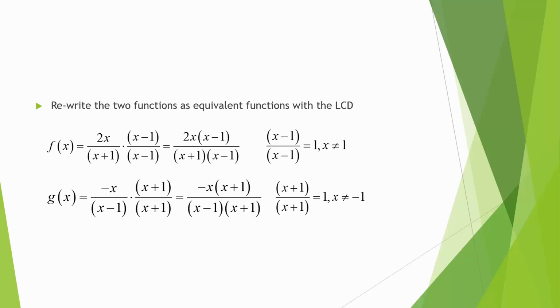Again, since x plus 1 divided by x plus 1 equals 1 for x not equal to negative 1, we can multiply g of x by x plus 1 divided by x plus 1 without changing the value of g of x. Thus, we have rewritten f of x and g of x with the denominator being the least common denominator, or LCD.